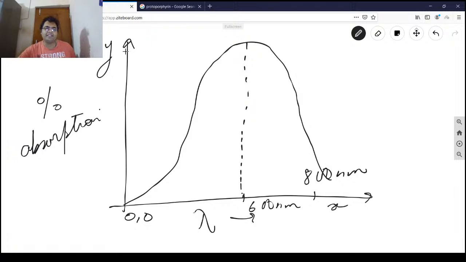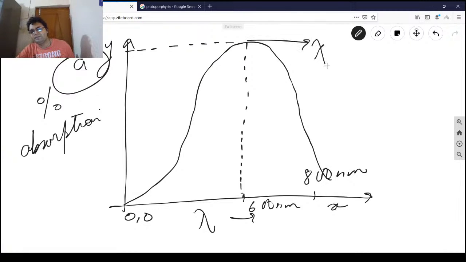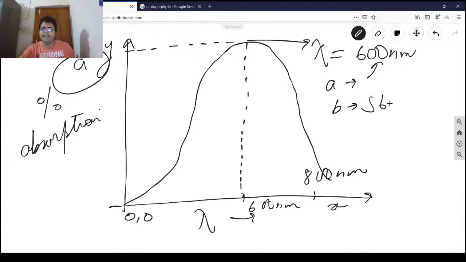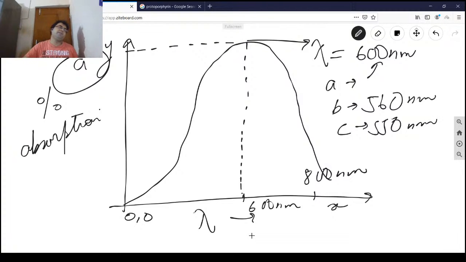So suppose this is cytochrome A, it has the maximum absorption at a wavelength of 600 nm. Cytochrome A has maximum absorption at 600 nm, B at 560 nm, C at 550 nm, and you can have the variants also, B1, B2, C1, which will have a slightly different absorption maximum.